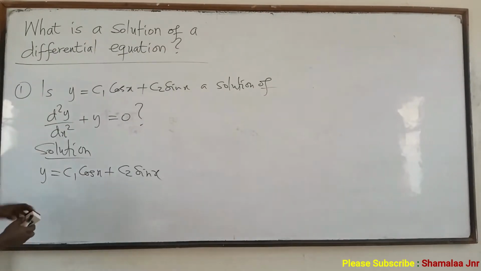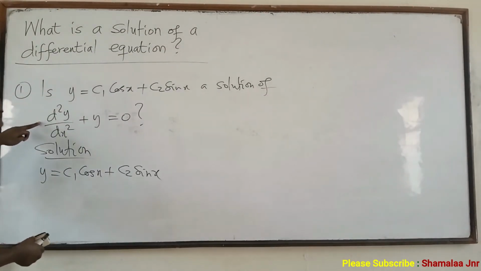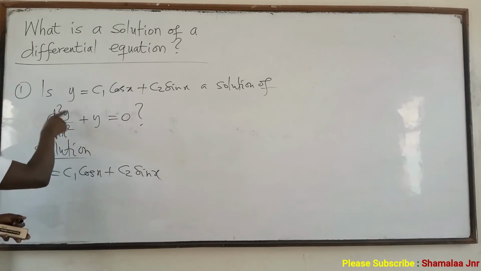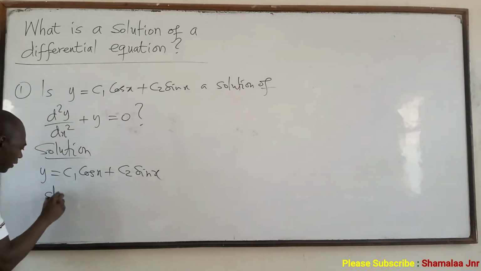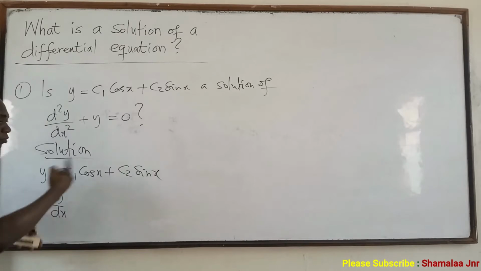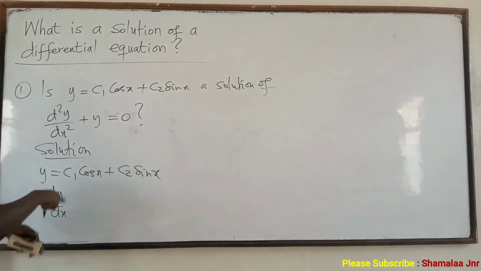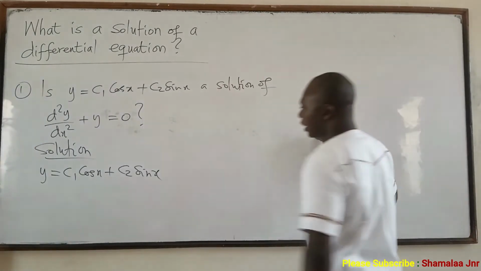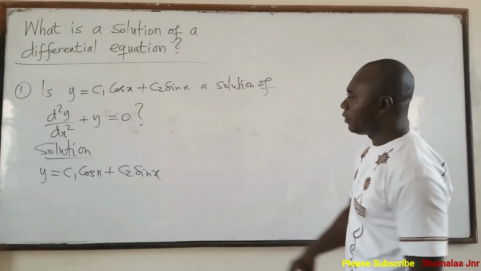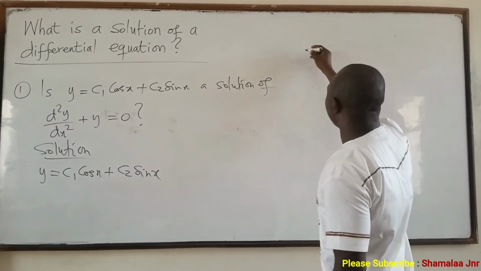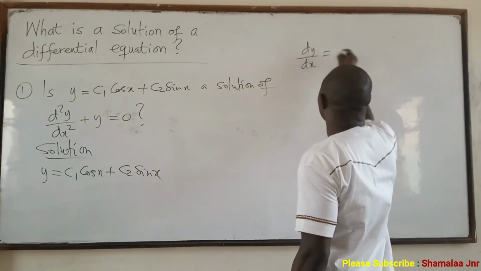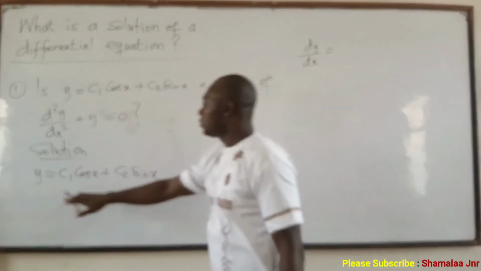Now, because this is the differential equation, what you have to do is find dy dx, and then move ahead to find d squared y dx squared. So let me just do it here so that everybody can see. If you are finding dy dx, you are going to differentiate this one.